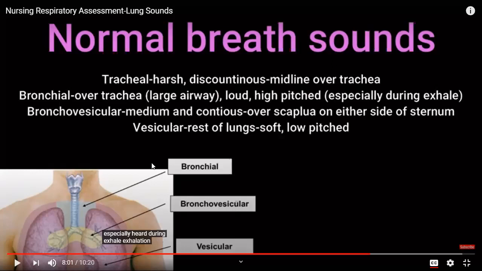I remember the small b is close to my midline. In between, the small b comes from here and the vesicular v comes from over here, and they meet in between for bronchovesicular, and vesicular is in the periphery.